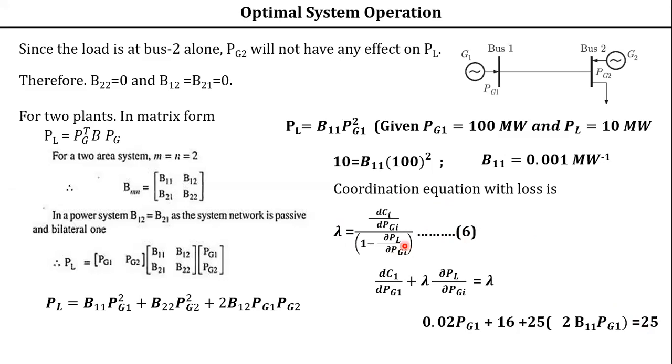From the coordination equation, cross multiply, arrange the terms, then substitute whatever data has been given. Now here, B11 value is known to you, 0.001, and PG1 is unknown. So from this equation, solve for PG1, substituting B11 as 0.001.